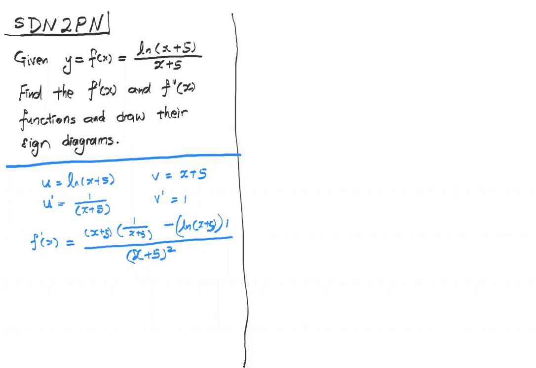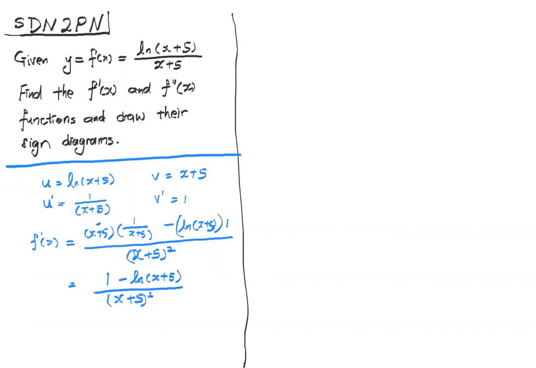Okay, so I can simplify this. I'm not going to show the simplification, but this one and this one cancel. So it will be (1 minus ln(x + 5)) divided by (x + 5), the whole thing squared.